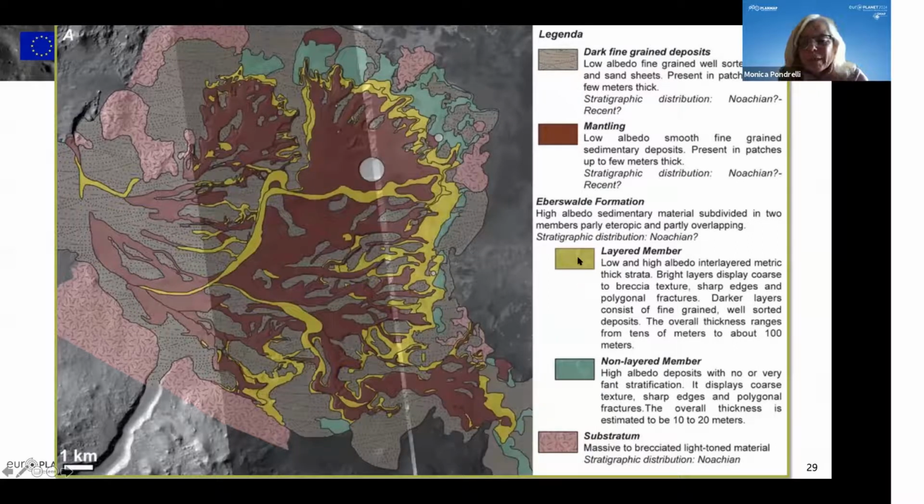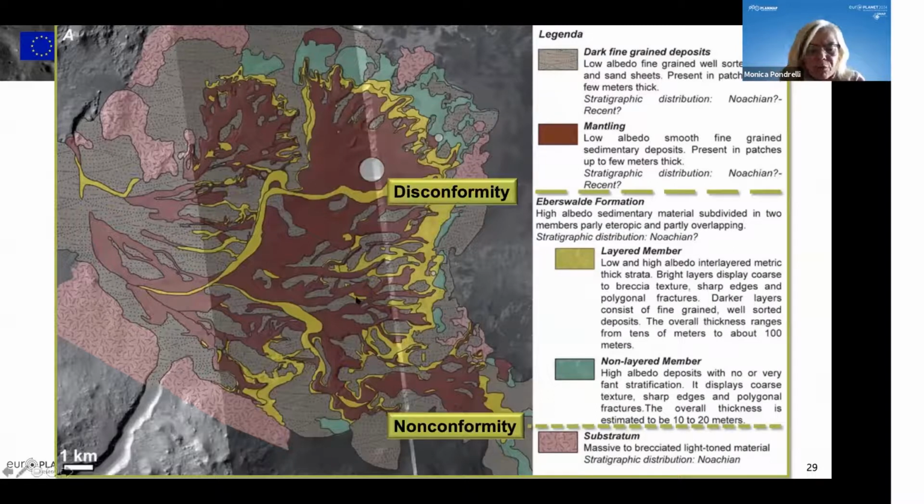This is not so important, but in the light-tone unit, we distinguished between a layered member and a non-layered member. And then the dark unit we saw before. And there is a non-conformity between the substratum and the light-tone deposits, and this is the disconformity we saw just before between the layered light-tone deposits and the darker units.